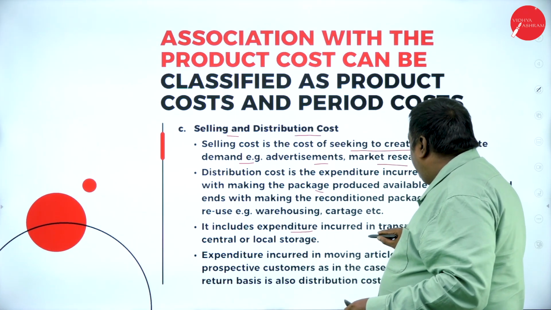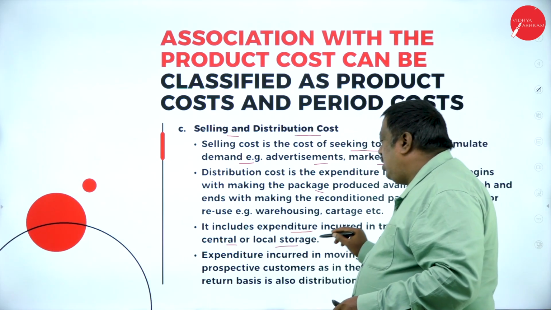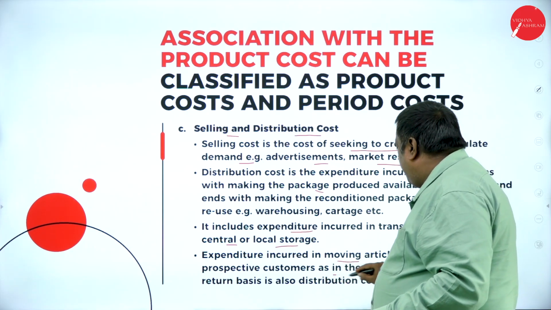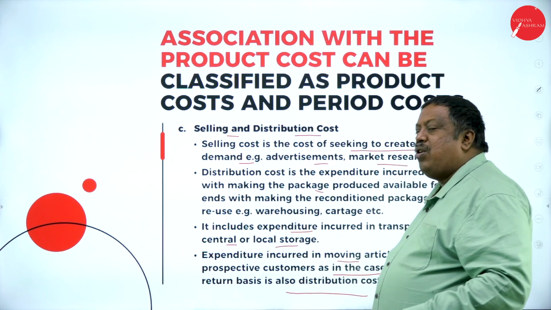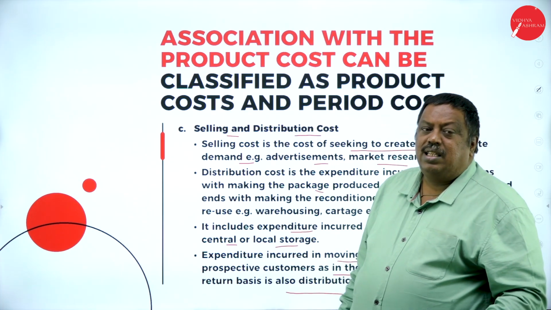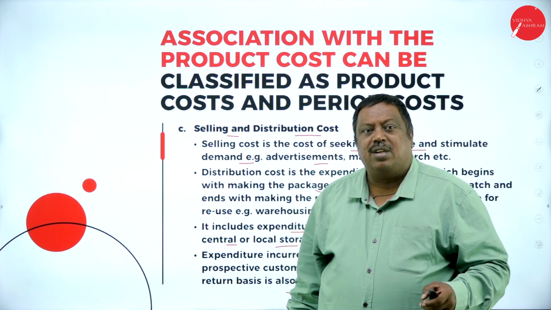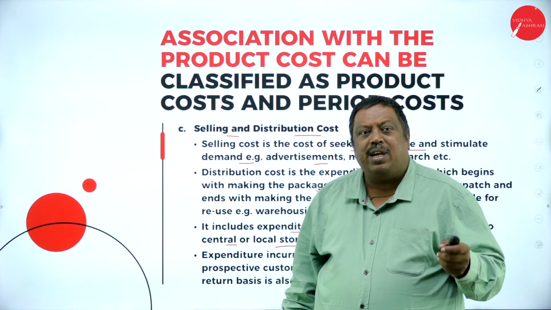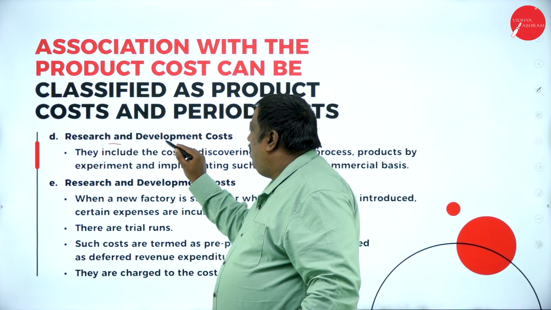It includes expenditure of transportation, either central or local storage, expenditure incurred in moving articles to prospective customers, as in the case of goods sold on return basis, also called distribution cost. Say if the goods are returned due to some damages or dissatisfaction, the cost will be included in the distribution. Next we have research and development cost.